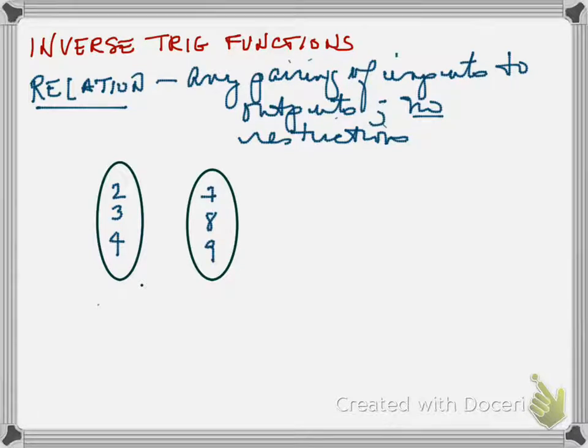So this is our set of inputs, and this is our set of output values. And it doesn't matter how I match them up. This is a relation.